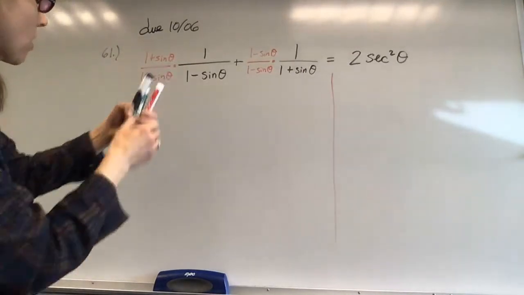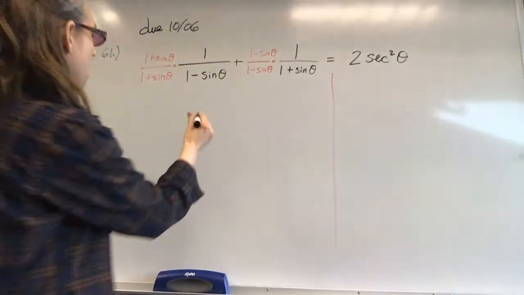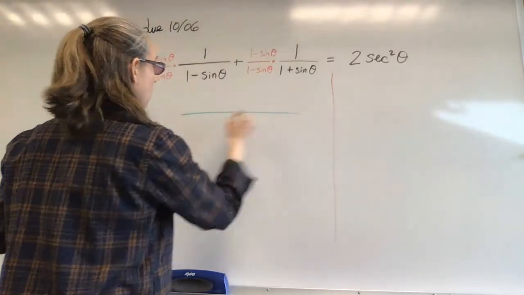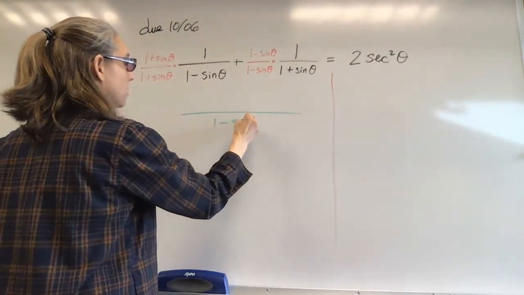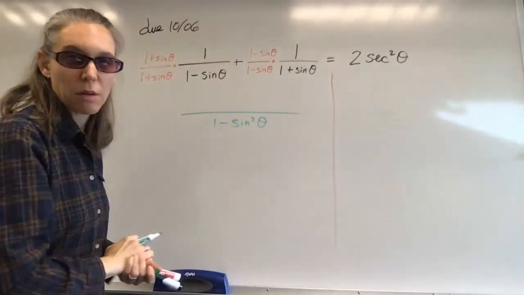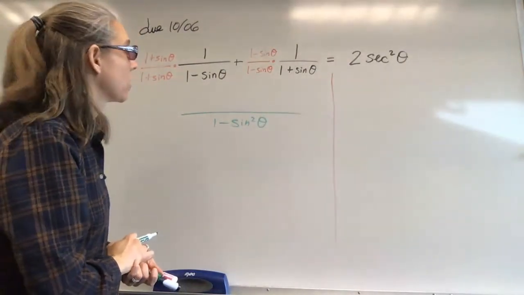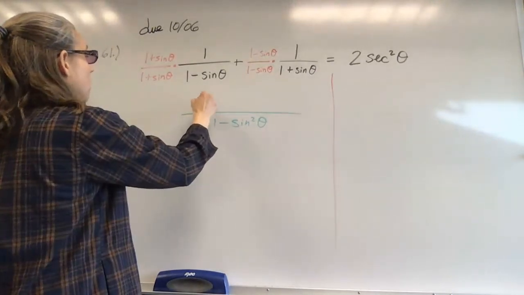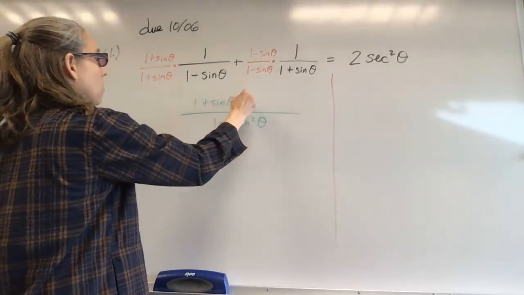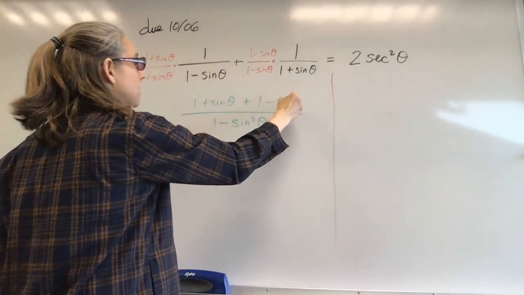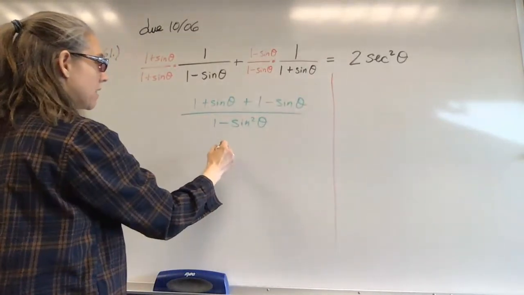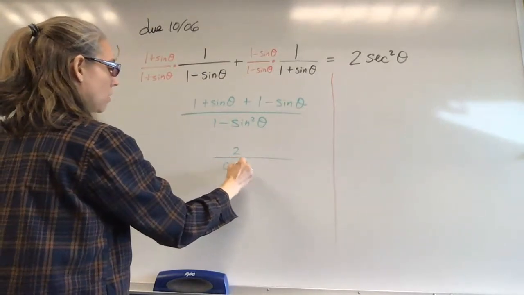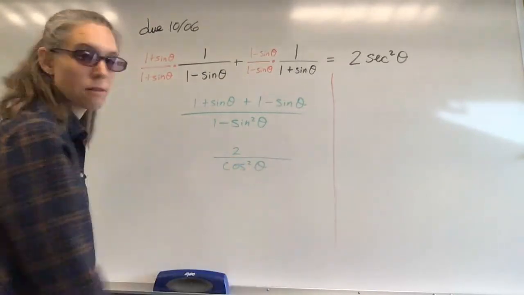Now I'm going to have a common denominator of 1 minus sine squared theta, which is good. That can become a cosine squared theta if I need it to. And for my numerator, I have 1 plus sine theta plus 1 minus sine theta, and that is then going to become 2 over cosine squared theta.